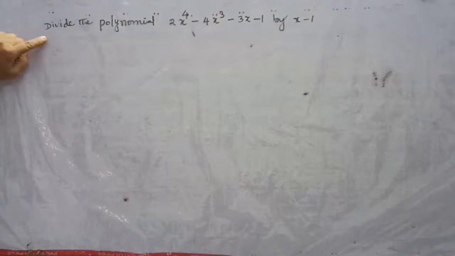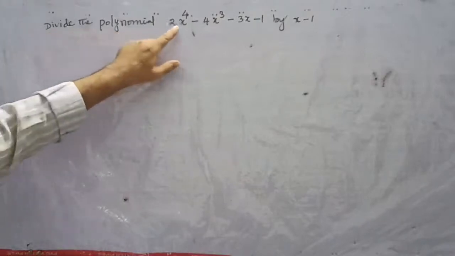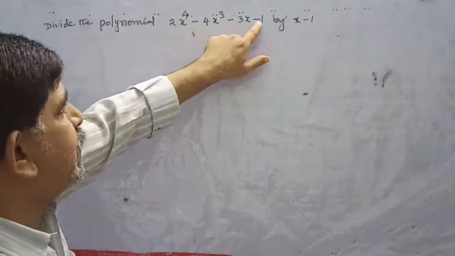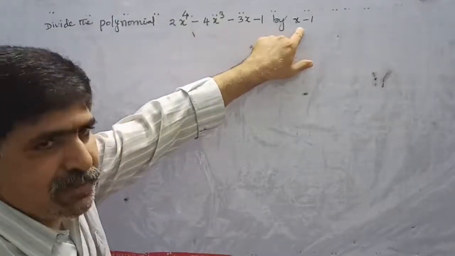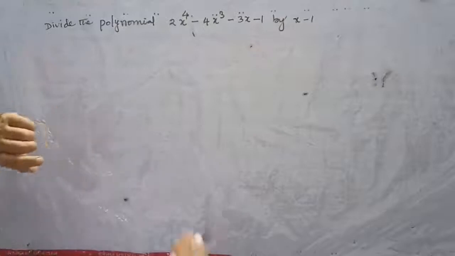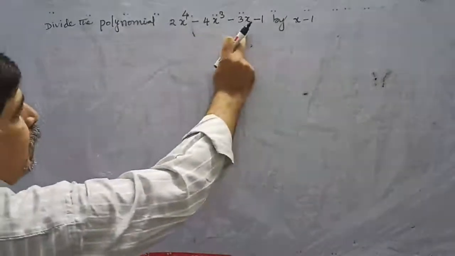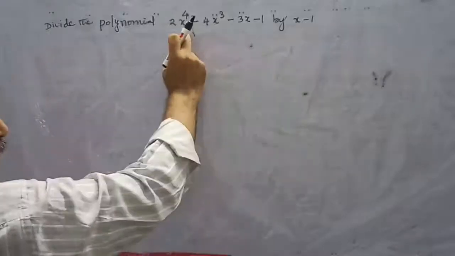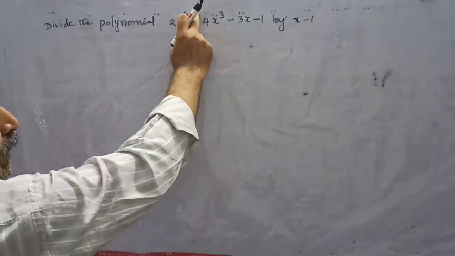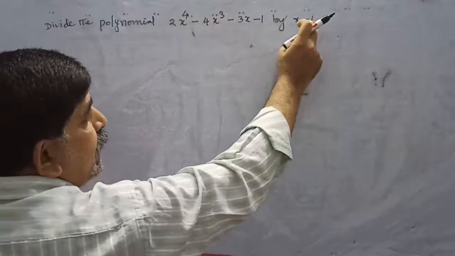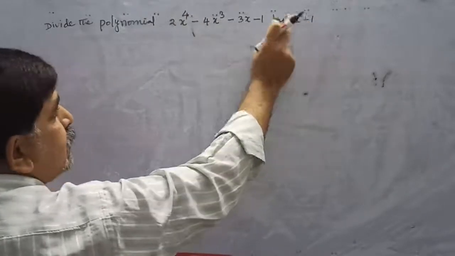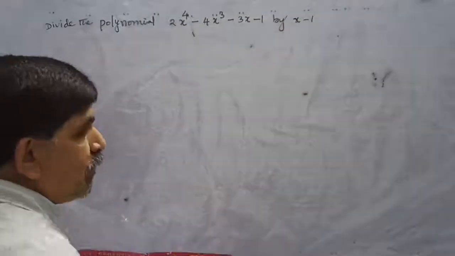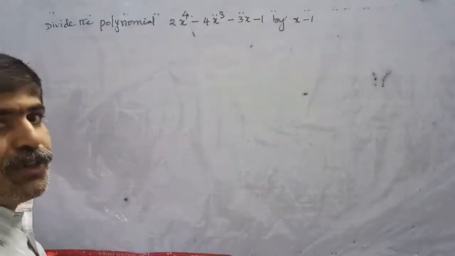One more question. Divide the polynomial 2x to the power of 4 minus 4x cube minus 3x minus 1 by x minus 1. Now divide this polynomial by the linear polynomial x minus 1. So this is a fourth order polynomial and the divisor is a linear polynomial. A fourth order polynomial divided by a linear polynomial, what type of polynomial do we have to get? A cubic polynomial.